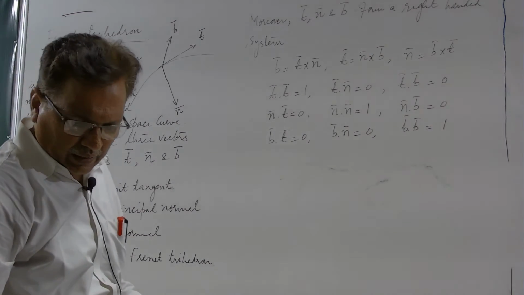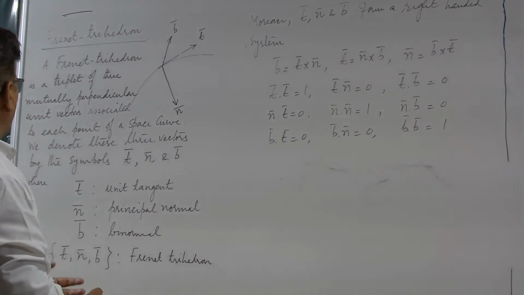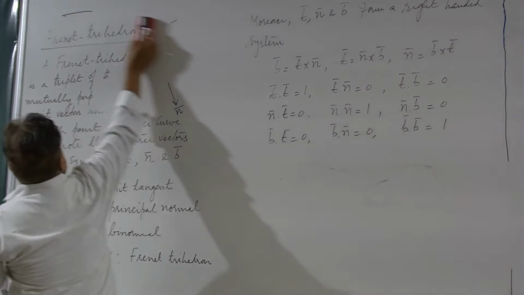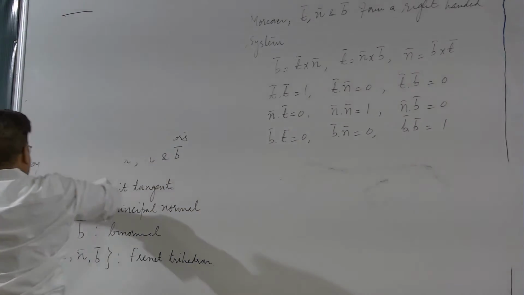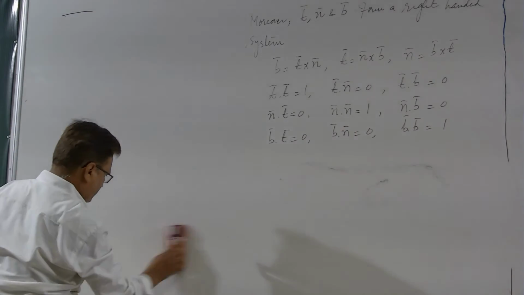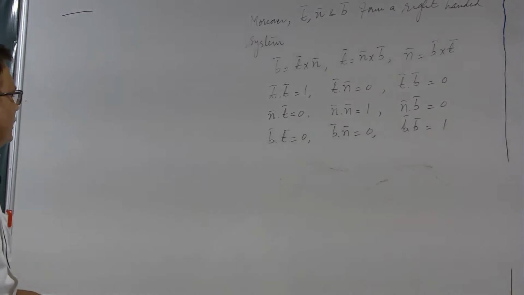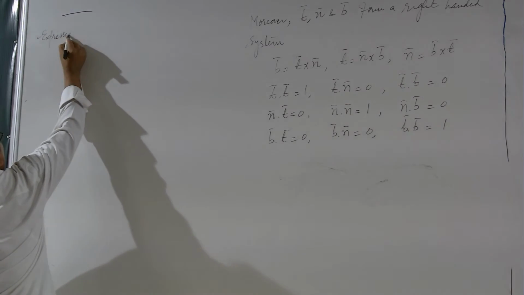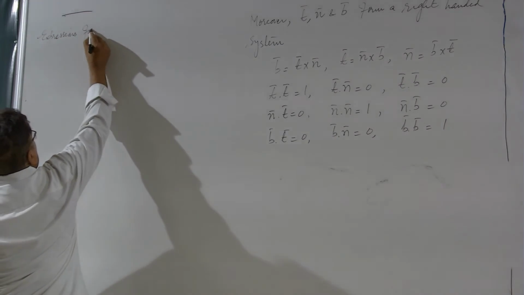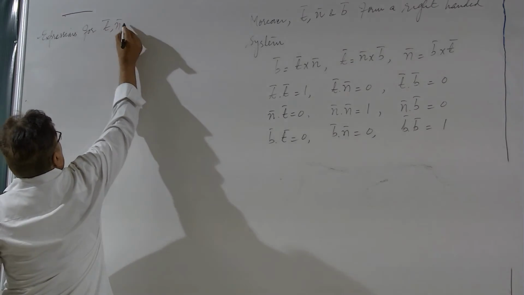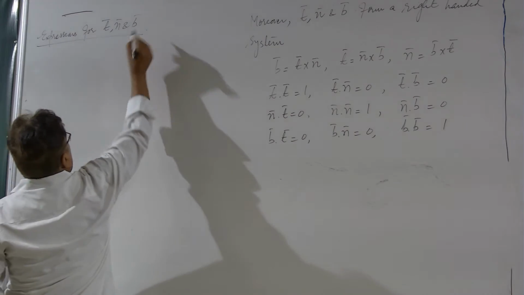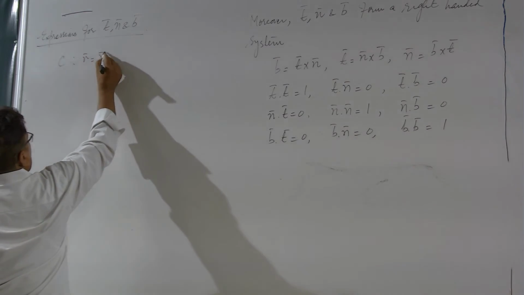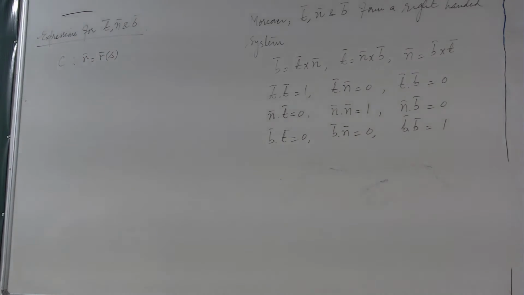Okay, now, I will work out the expressions for the three vectors T, N and B in terms of R and S. So, we have been assuming that there is a space curve in natural parameter S and it is regular.